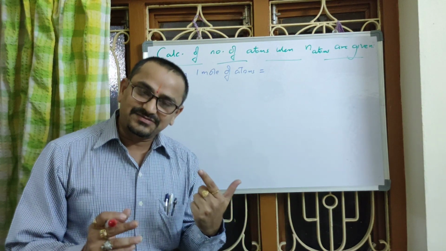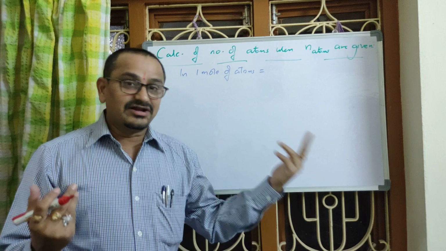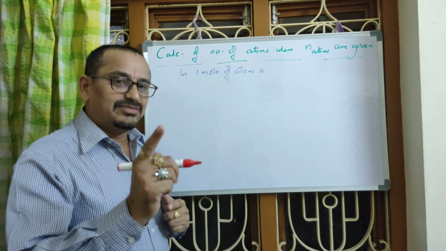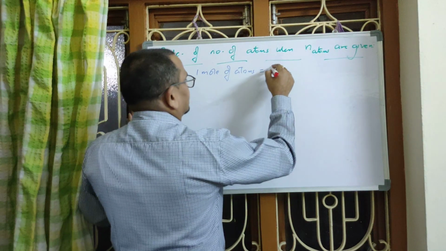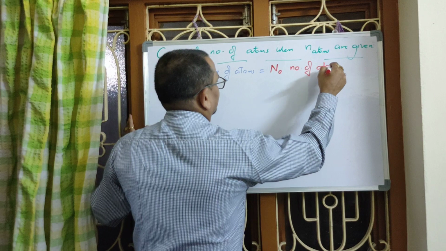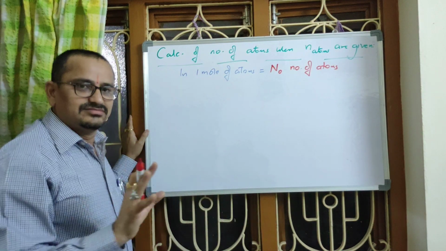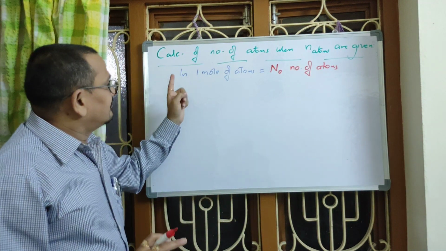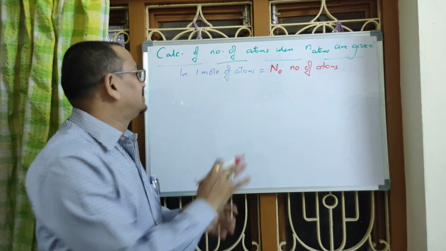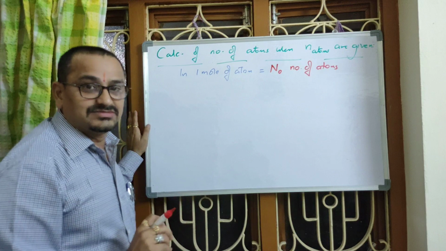Yes, 1 mole of a substance has Avogadro number of particles. Very good. 1 mole of atoms has Avogadro number of atoms. Everyone is answering. In 1 mole of atoms, Avogadro number of atoms are present.